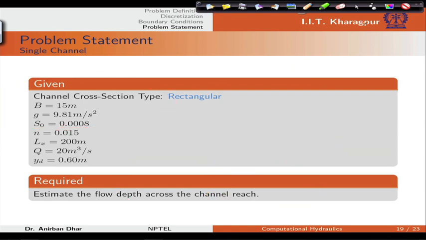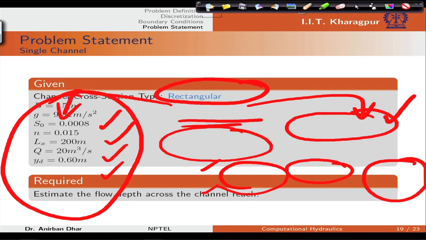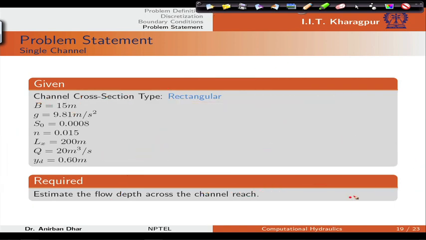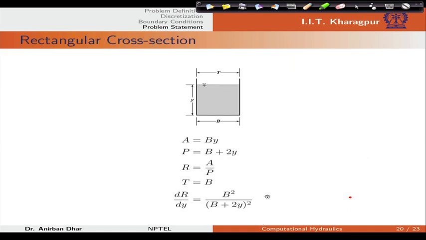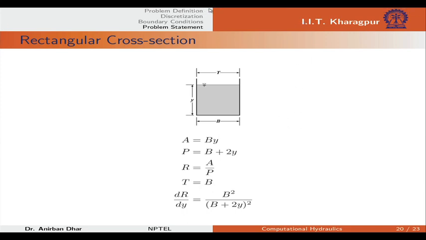So, if we consider this one, for a rectangular channel, this dR by dy is B square by (B plus 2y) square, and top width is B. Now, we can utilize this information here.